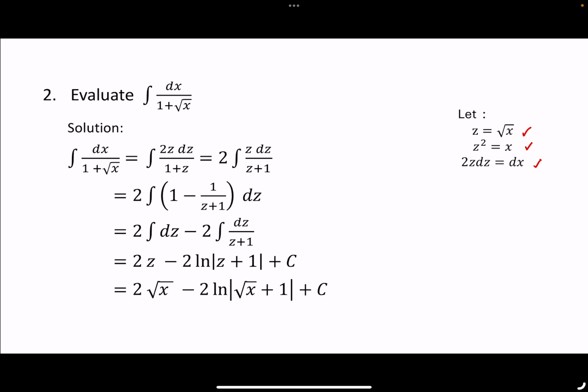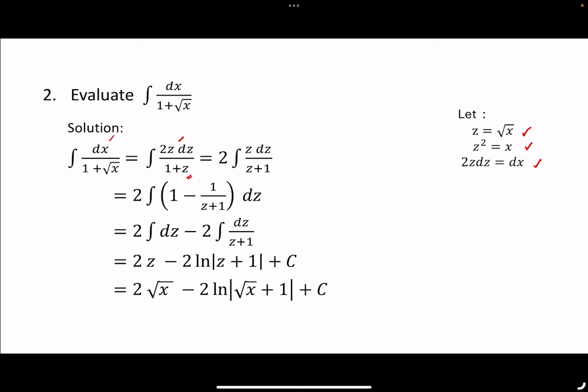We're going to plug that into the function, the integral dx over 1 plus square root of x. So dx is 2z dz, and 1 plus square root of x is equal to 1 plus z.